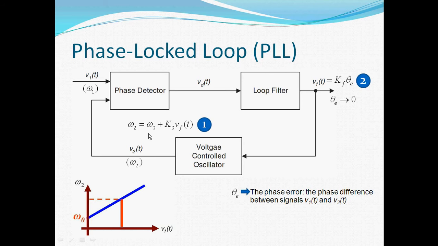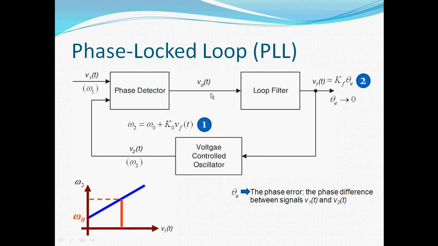The angular frequency omega 2 is given by equation 1, where omega 0 is the center frequency of the VCO and K0 is the VCO gain. The phase detector compares the phase of the output signal with the phase of the reference signal and generates an output signal Vd.